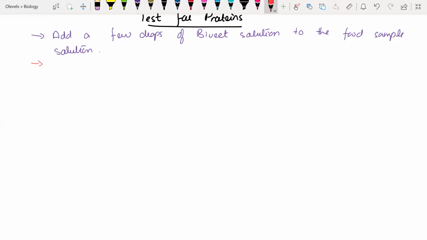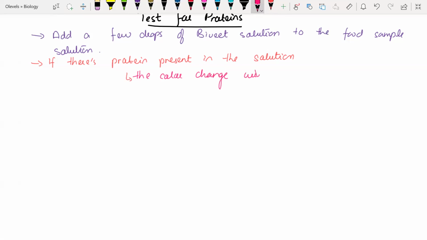So if there's protein present in the solution, the color change will be from blue to violet or purple.